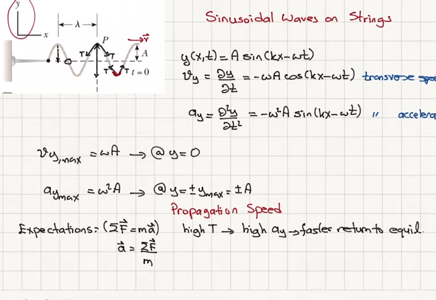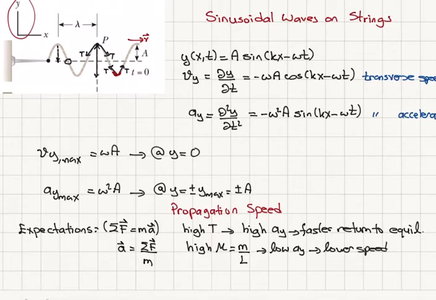Equilibrium point y is equal to 0. On the other hand, if I have a high mass per unit length, mu, that is the mass of the string divided by its length L, if this is large, then I see that the transverse acceleration will be small. So this will go to low transverse acceleration and lower speed of the wave.